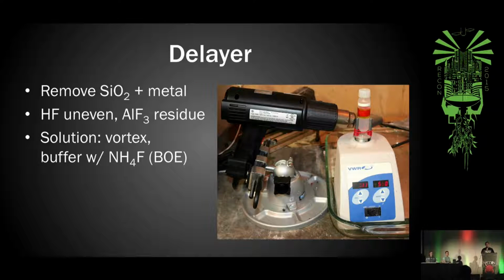And the idea is that you add ammonium fluoride, which is a buffer. That is, it keeps the pH more constant. And therefore, as the acid gets depleted on some parts of the chip, the buffer will help replenish it to the original concentration and keep it a lot more even across the chip, even as some parts start to etch a little bit quicker to begin with.